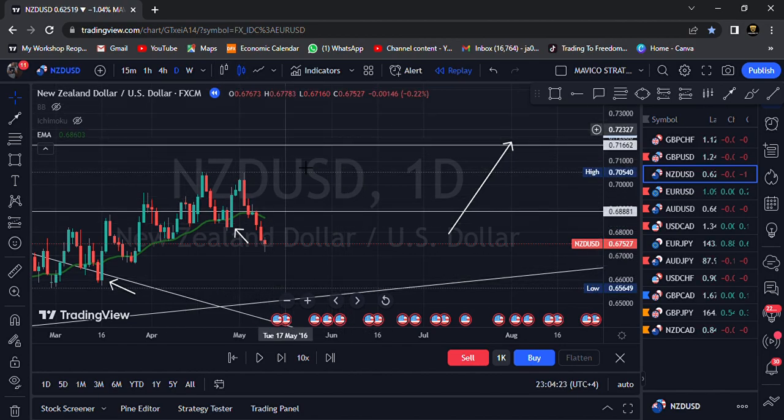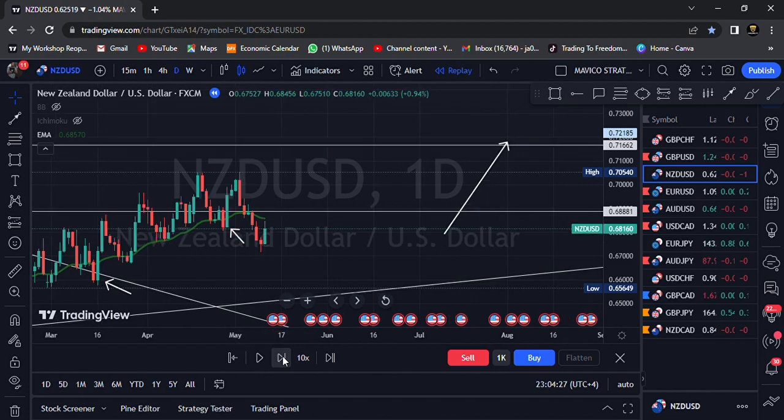So let's go, guys. A hammer, yeah, but what we are waiting for is a bullish engulfing above this moving average. That is a good confirmation. If we don't find one, we need a double bottom that is completely flat.